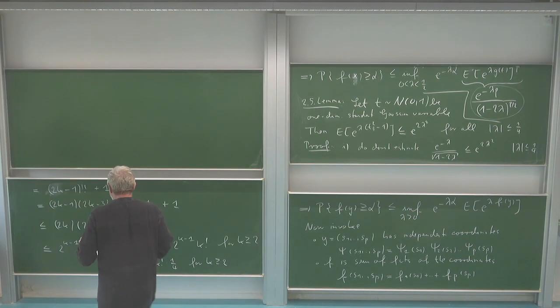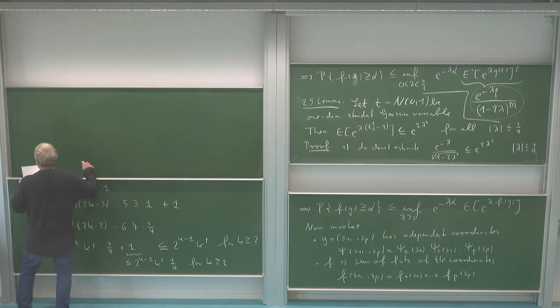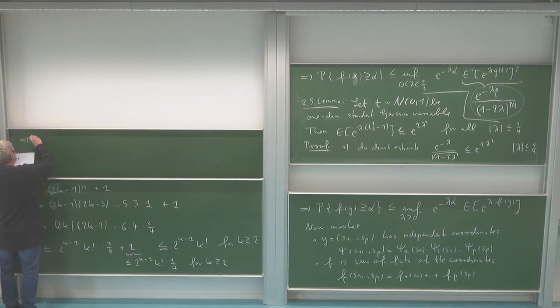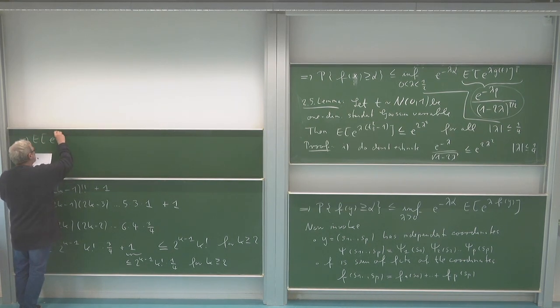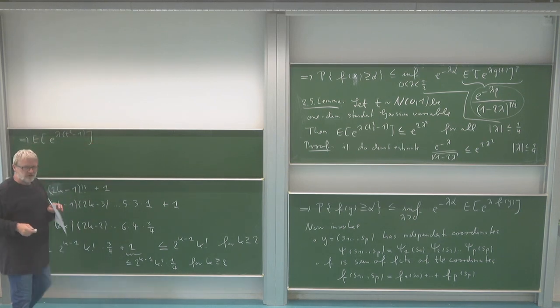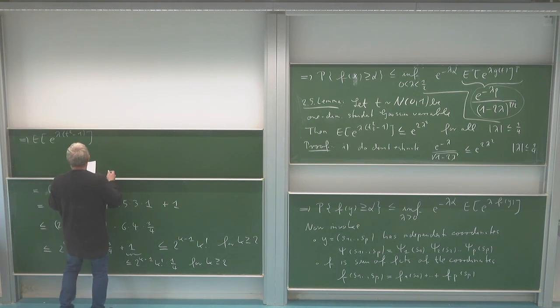Now I want my power series. So what I really want to estimate is the expectation of e to the lambda times t squared minus 1. But of course we know that this is the generating power series of the moments.